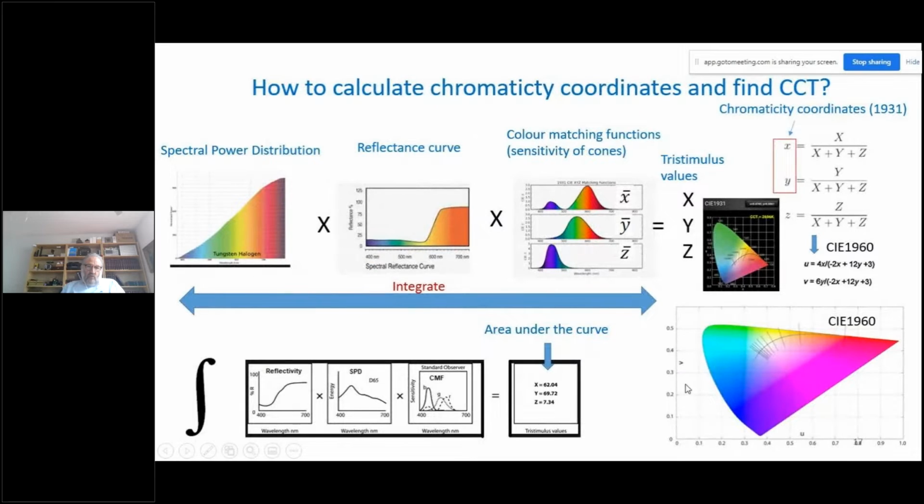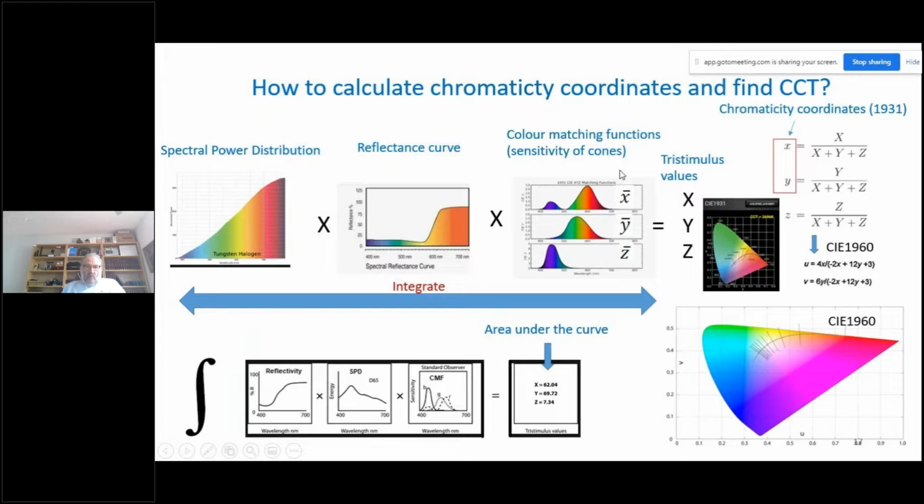So how to calculate the chromaticity coordinates and find the correlated color temperature. I don't want to go into too much math, just very briefly, to understand how these numbers are provided. You take the spectral power distribution, multiply it by the reflectance curve. If you are measuring reflectance; if you're directly looking at the light, you don't have to take into account the reflectance curve.